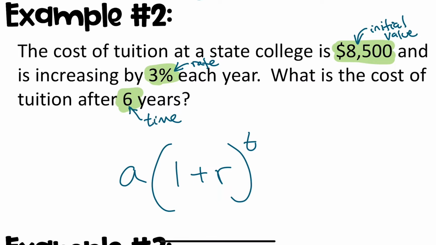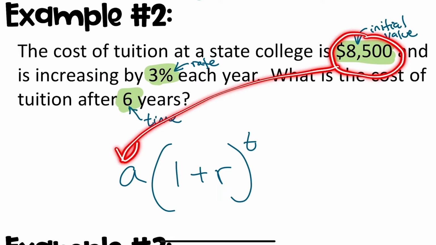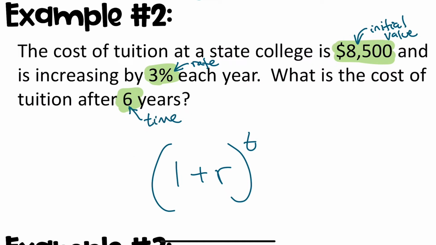So A is going to be our initial value. Our initial value was 8,500, so that's what's going to go there. I'm just going to get rid of it and rewrite it. 8500. There we go. Now we need our R. That's our rate. We said our rate was 3%, but every time we have a rate, we need to change it into a decimal.